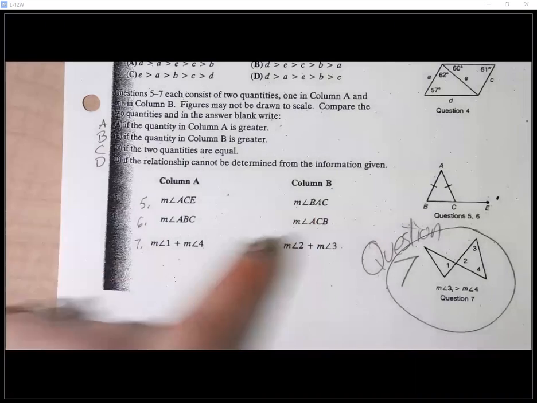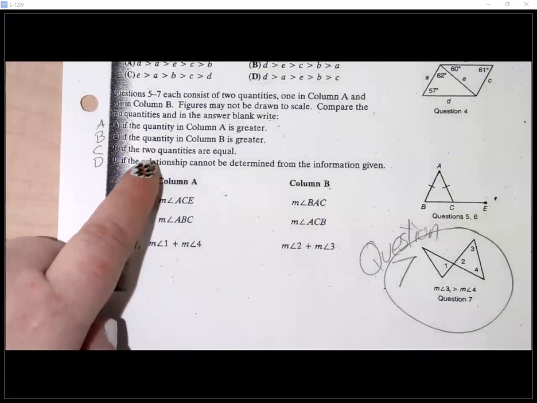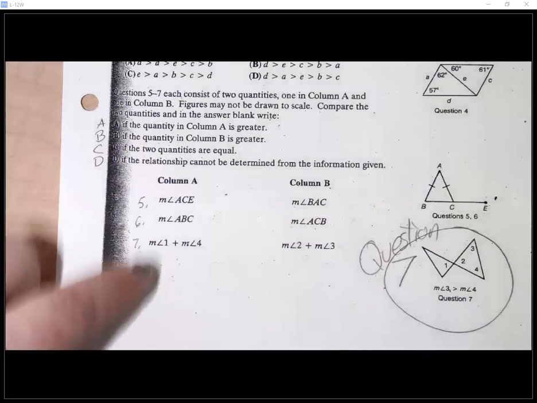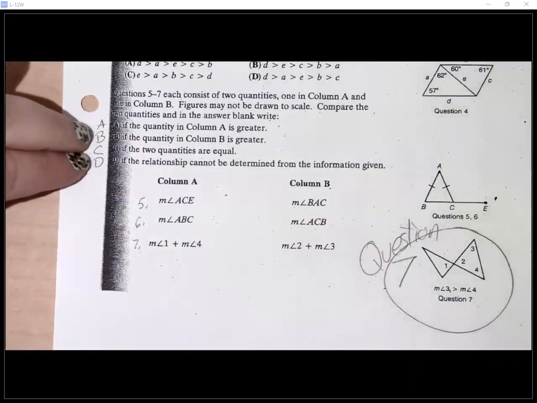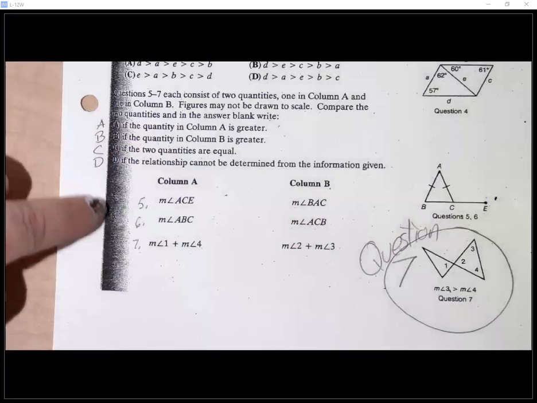You choose choice A if A is greater, B if B is greater, C if they're equal, and D if you can't tell. So that's for questions 5, 6, and 7. All use these same 4 choices. So I will leave that up there. I'm sorry that there are numbers here. It's just super hard to see them.